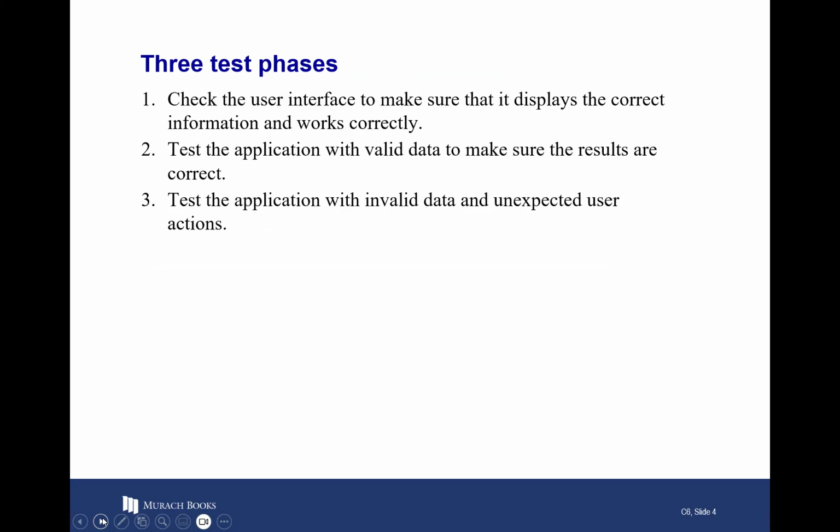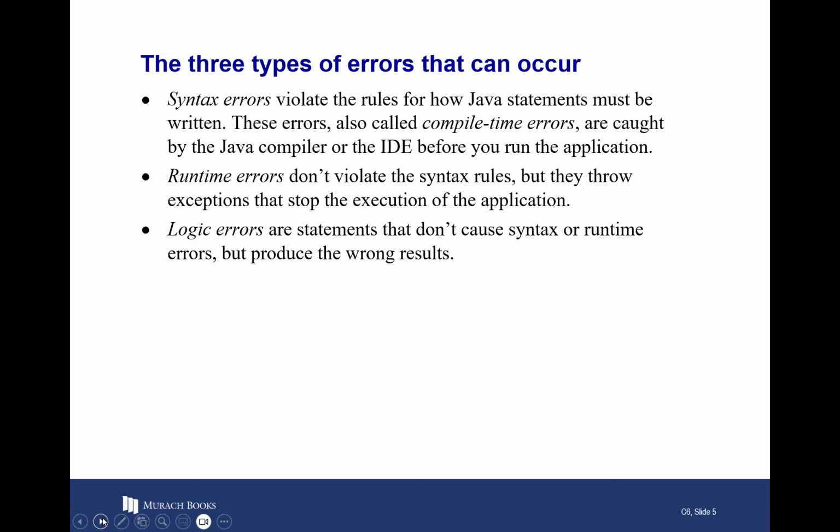So there are three phases where you can check whether the application you are building could produce errors, and these three phases are syntax error, runtime error, and logic error. A syntax error happens when you do not follow proper syntax.